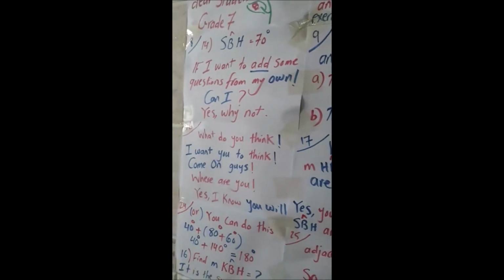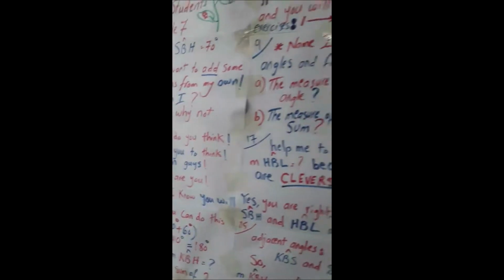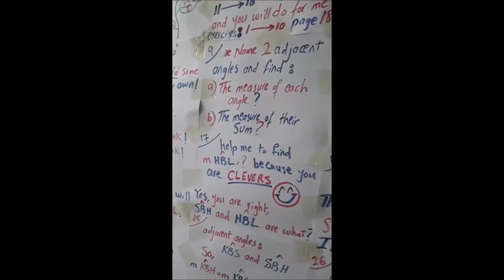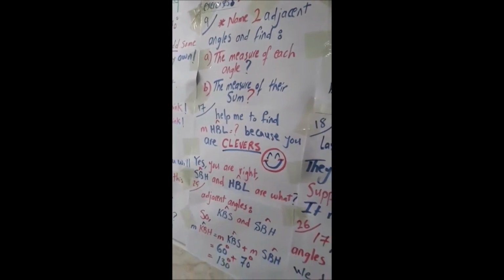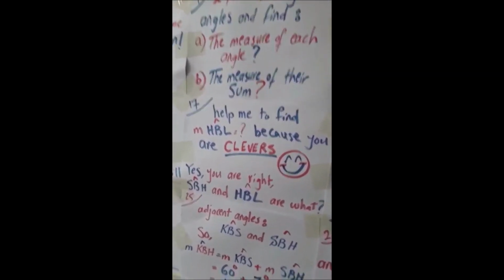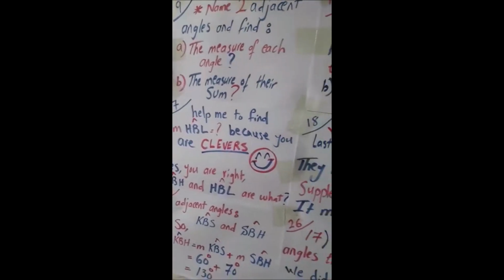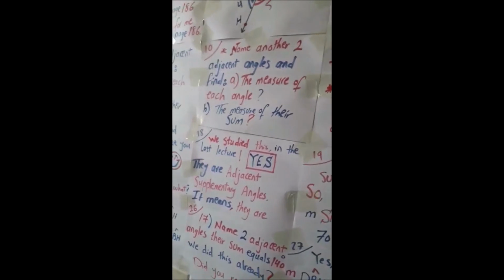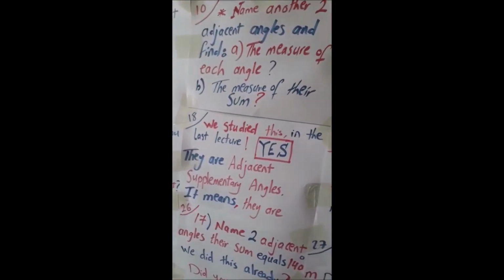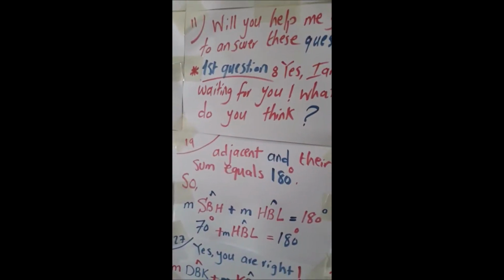What do you think? I want you to think. Come on, guys, where are you? I know you will help me to find the measure of HBL. As we conclude, SBH and HBL are what? We studied that before. They are adjacent supplementary angles. It means they are adjacent and also their sum equals 180.